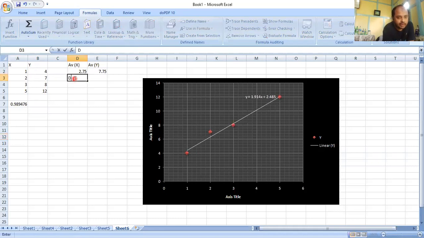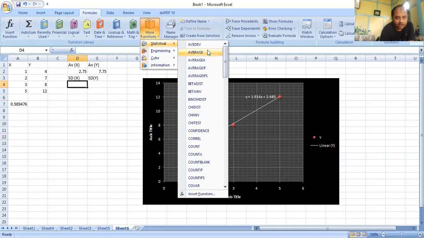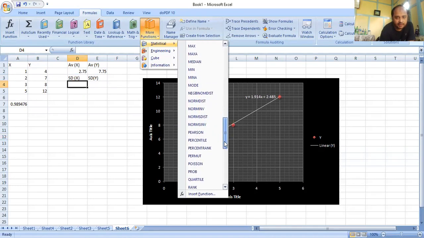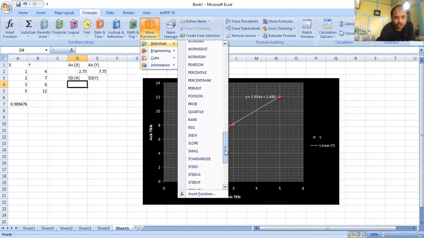If you want to calculate the standard deviation of X and the standard deviation of Y, then also you can do it. You go to the statistical section and find the relevant key, which is standard deviation.